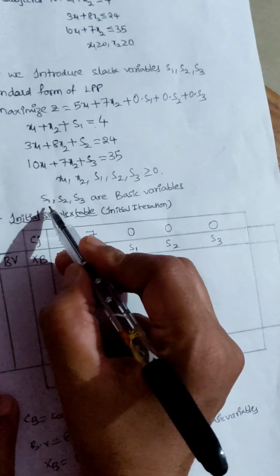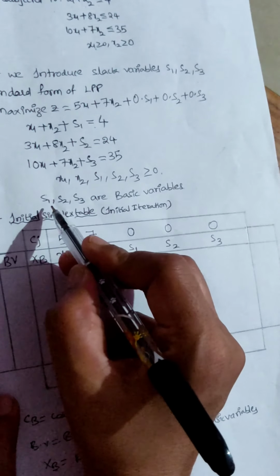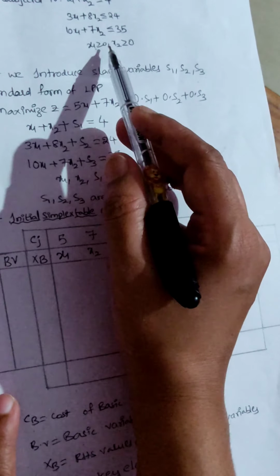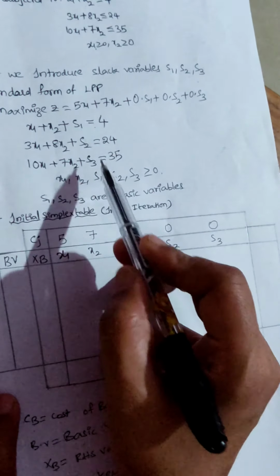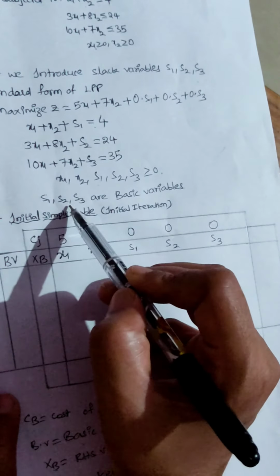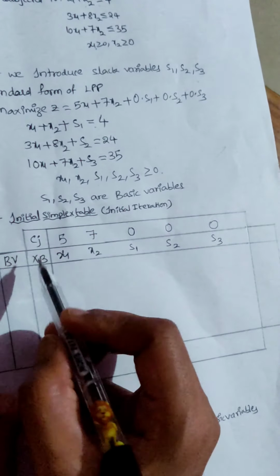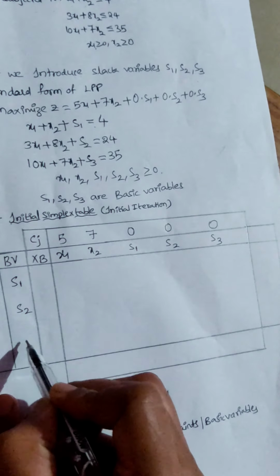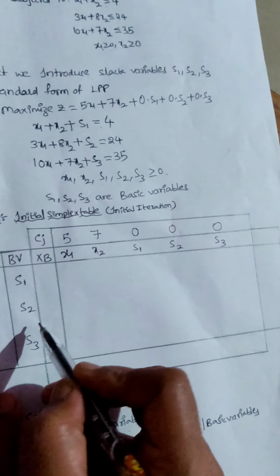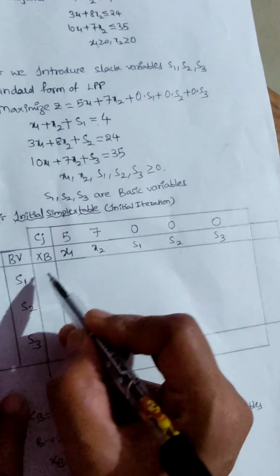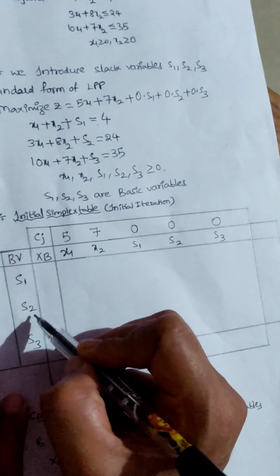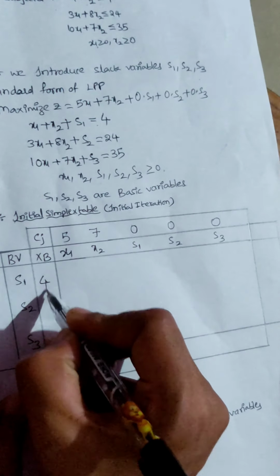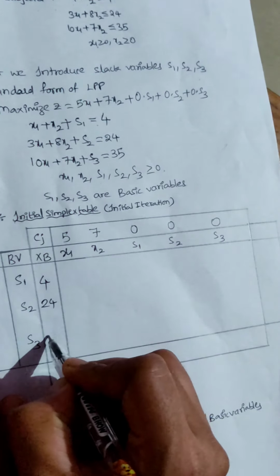What are the basic variables here? What we introduced in the constraints for converting the given inequalities into equalities are called the basic variables. Already I have written that s1, s2, s3 are the basic variables. Write s1, s2, s3. What are the RHS values of these basic variables? 4, 24 and 35.